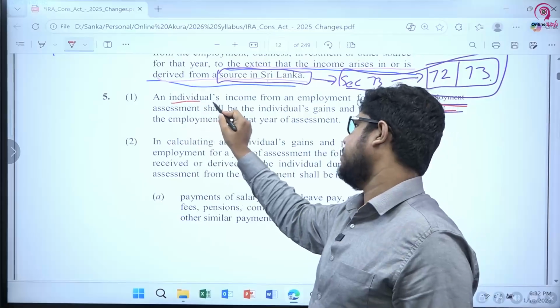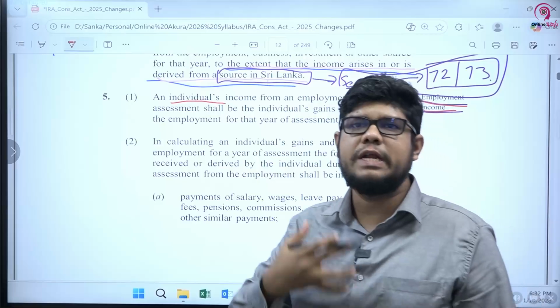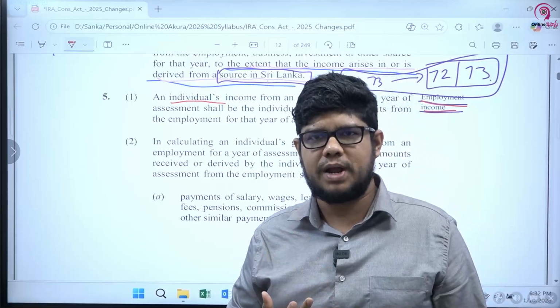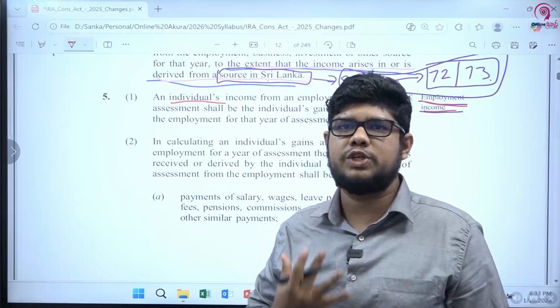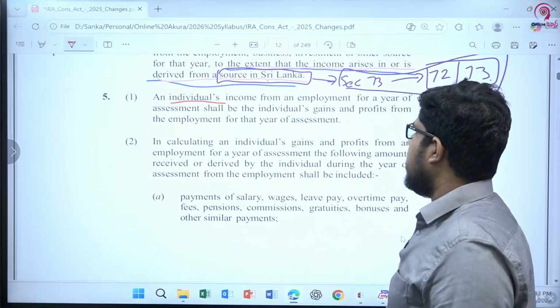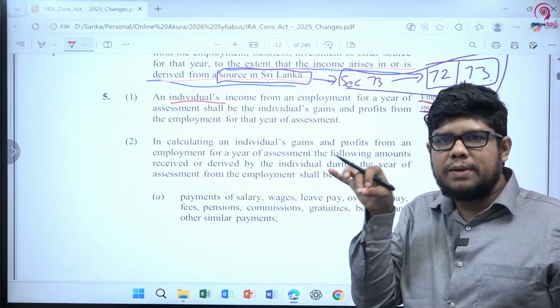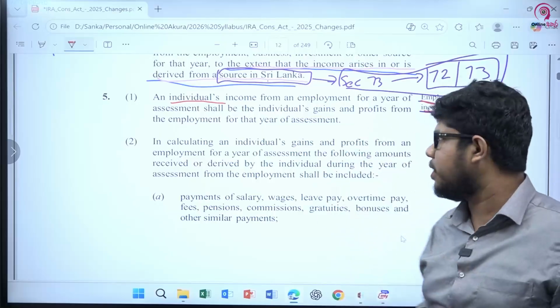Remember that, this is for individuals. Employment is there only for individuals, not for companies, not for partnerships. Employment income is applicable for individuals. Who is an individual? Natural persons like you and I, right?